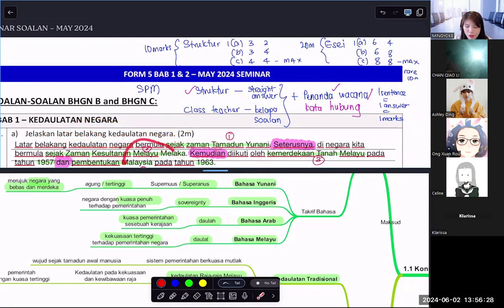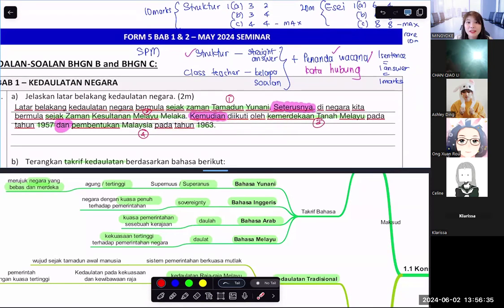So you can straight answer. At the same time, the lines that the government provides are limited, maybe 2 lines or a maximum of 4 lines. So if you write the opening, kepala soalan, it will take up 1 line already, and you are left with maybe 3 lines. So you may not have enough lines to complete.